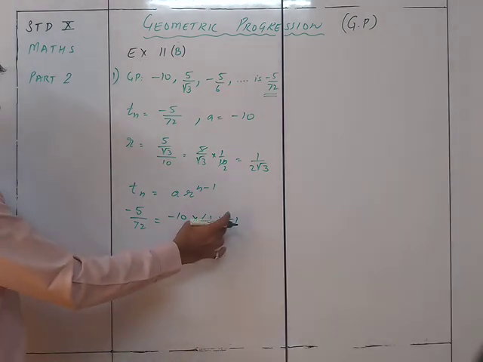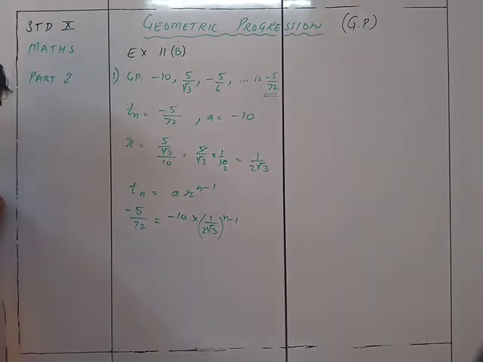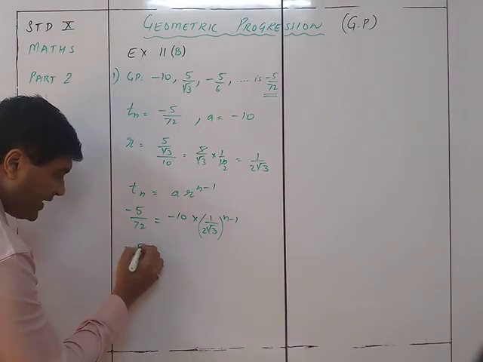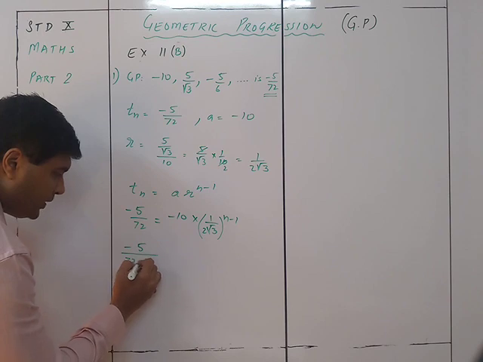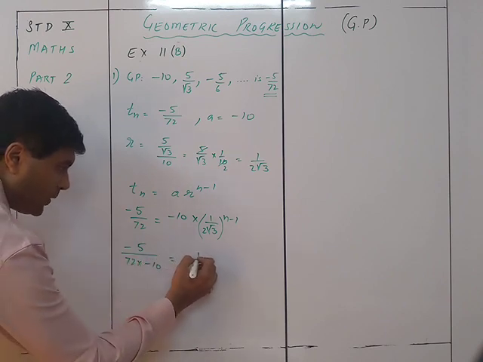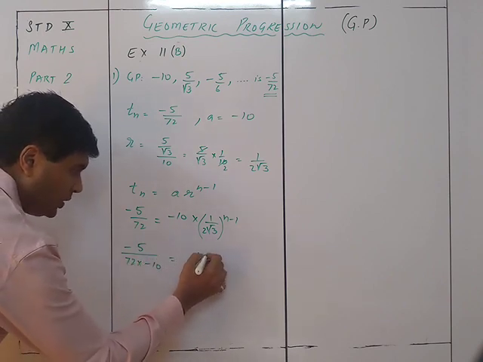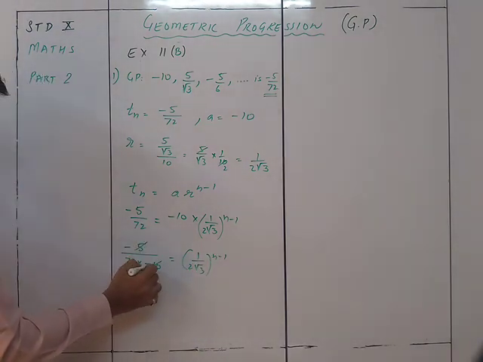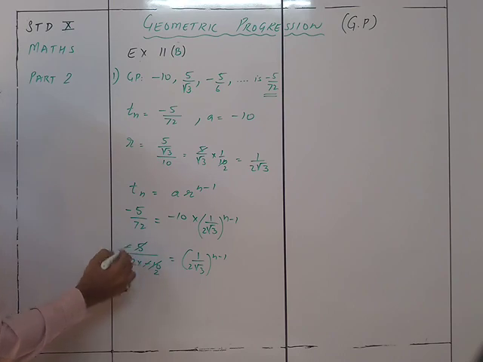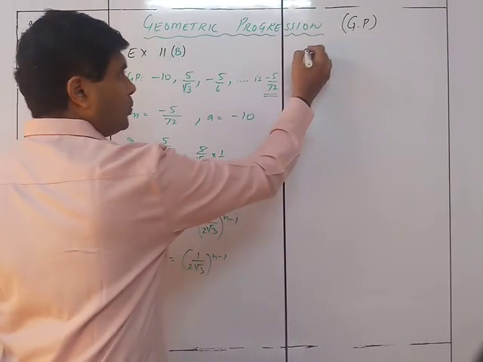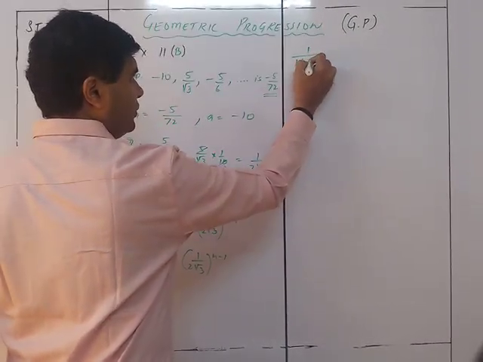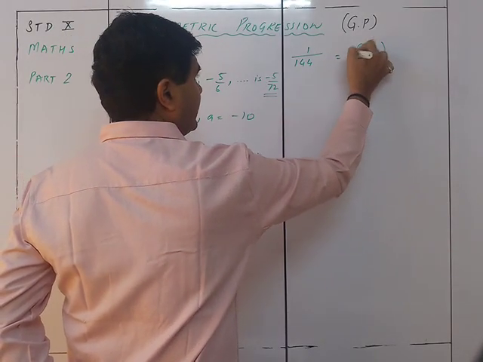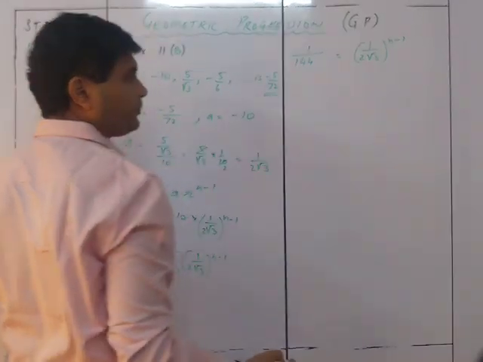We need to find out the value of n. So 10 you take it over here, you get minus 5 upon 72 into minus 10 is equal to 1 upon 2 root 3 whole raised to n minus 1. This gets cancelled by 2, minus minus gets cancelled. So you get over here 1 upon 144 is equal to 1 upon 2 root 3 the whole raised to n minus 1.